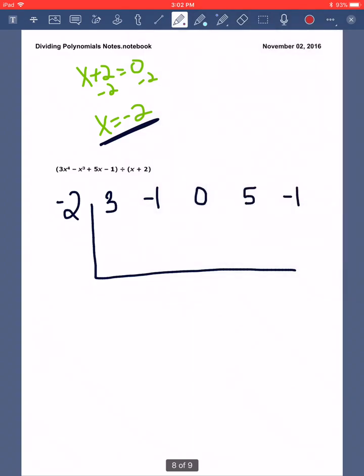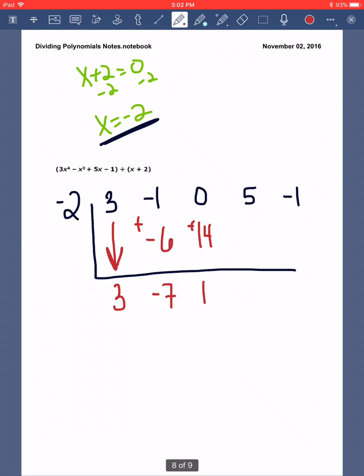Now that it's set up, always bring your first term straight down. And now we multiply. So -2 times 3 is -6. Then you add going down your column. So -1 plus -6 gives me -7. And then we multiply again. -2 times -7 is 14. Add going down your column.